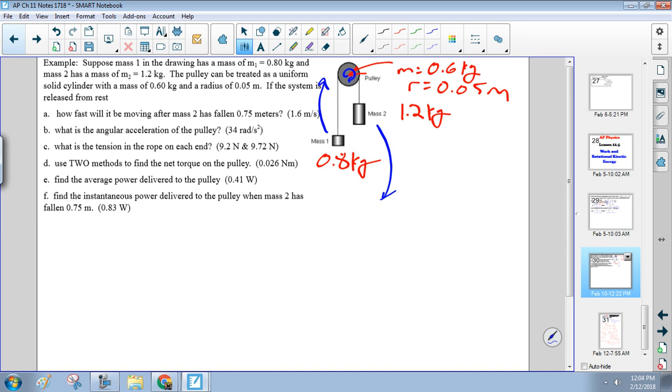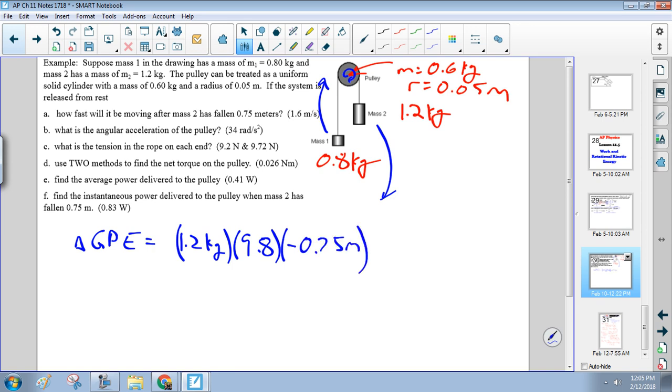As mass 2 falls, mass 2 is going to lose gravitational potential energy, and mass 1 will gain gravitational potential energy. But mass 2 is heavier, so our change in gravitational potential energy should be, well, let's see. Mass 2 is 1.2 kilograms times 9.8 times negative 0.75 meters, right?